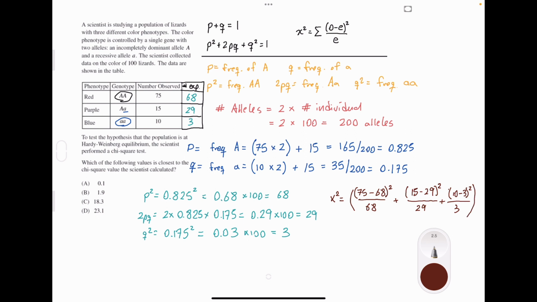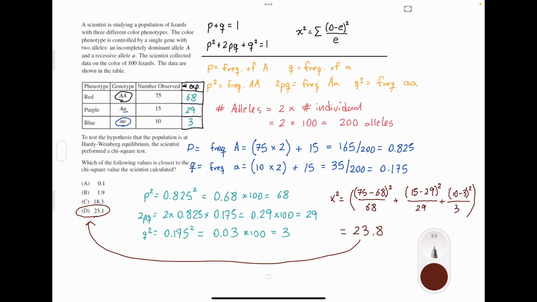If you go ahead and plug these numbers into your calculator, you would now get a chi-square value of approximately 23.8, give or take, depending on how many decimal places you used in the previous calculations. But regardless, you'll notice that this value is quite close to our final answer here, D, right? So our answer for this question will be D, 23.1, for the closest chi-square value.